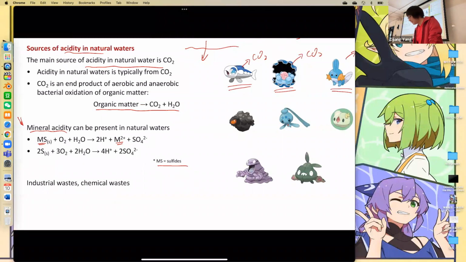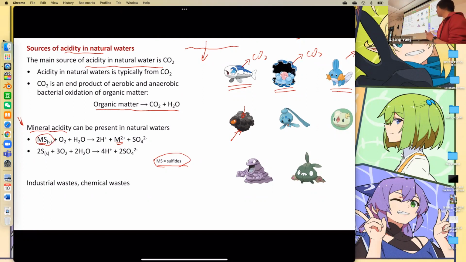In a rock, there is no oxygen, so we may have some sulfides inside the rock. When we are doing mining, we will break down some of the rocks, so we have these sulfides exposed.